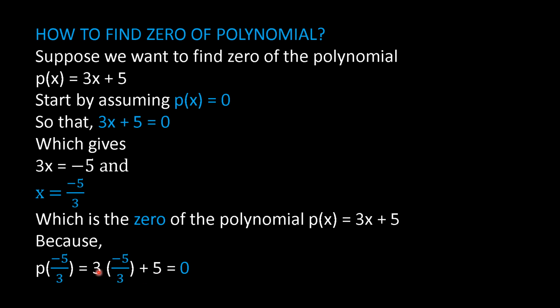This 3 cancels with this 3, -5 plus 5 is 0.